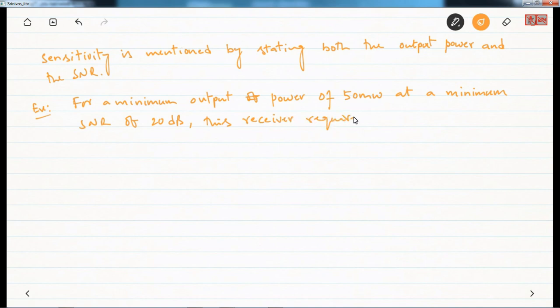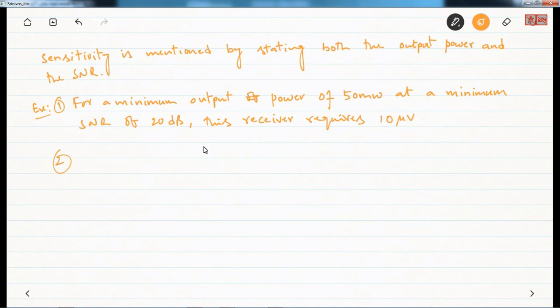You may find such a specification on the receiver data sheet if you go and buy a receiver or look at data sheets of these receivers. It may also be given in dB volts. So this may be an example of one receiver.